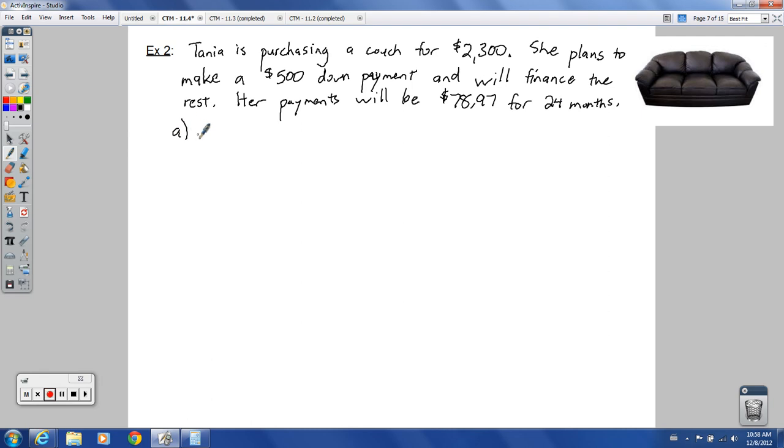So part A for this one, determine the finance charge once again here. So how much is she actually paying on top of the $2,300 that it would have cost had she paid straight up cash for it? So determine the finance charge.